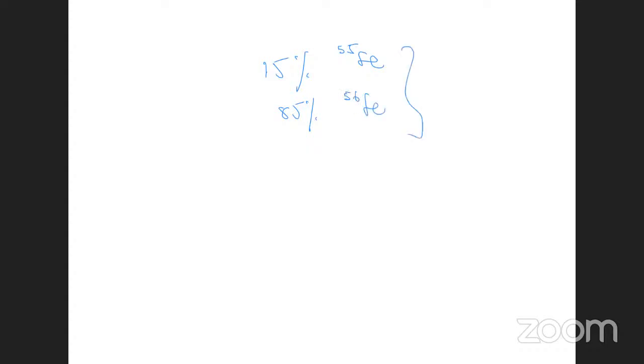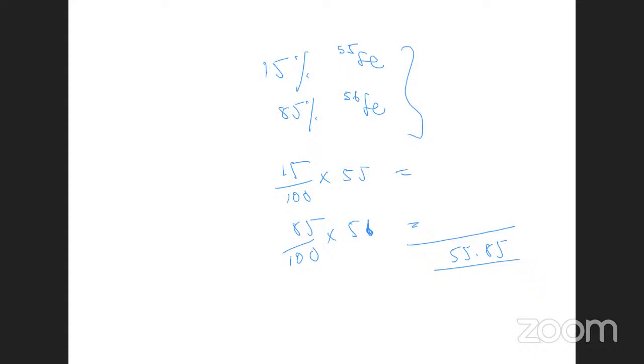So for the average, 15 divided by 100 times 55, and 85 divided by 100 times 56, add those values. I got a value here, 55.85. So this is the average atomic mass, given as amu.